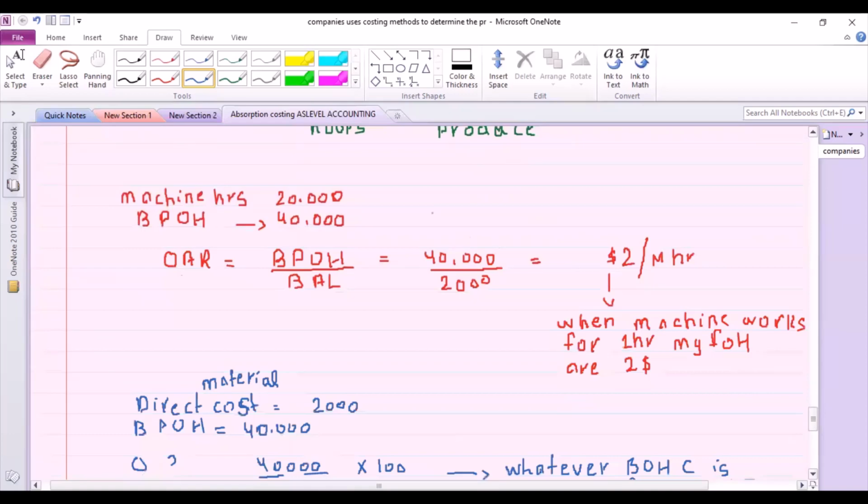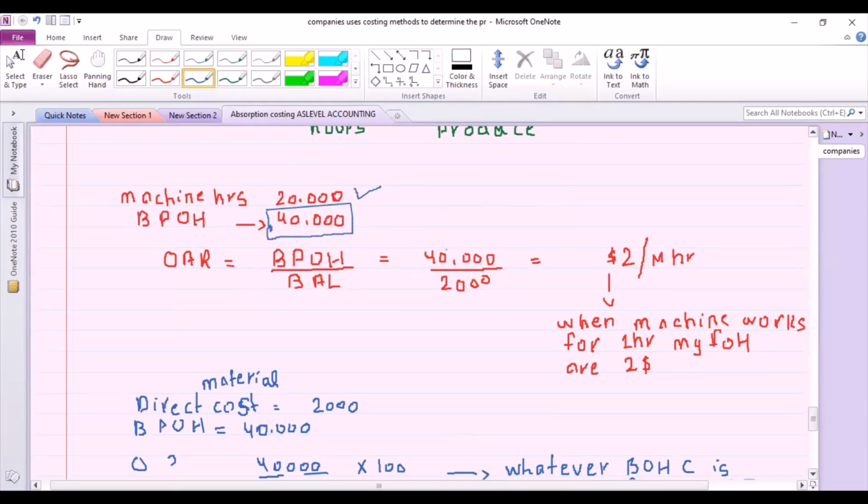Okay, so I have an example. For example, अगर वो आपको budget activity level में 2000 दे देते हैं machine hours, और for example budgeted production overheads जो हमने ऊपर शीट बनाई है, उसमें आपका आंसर आता है 40,000.